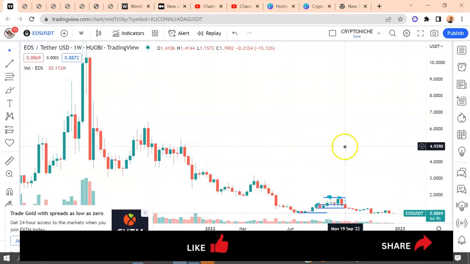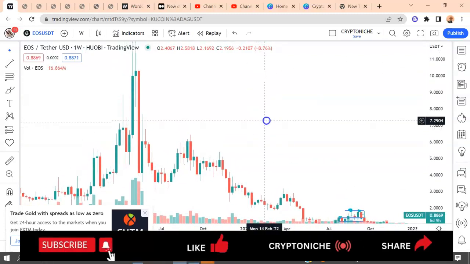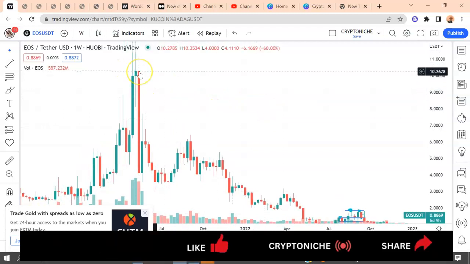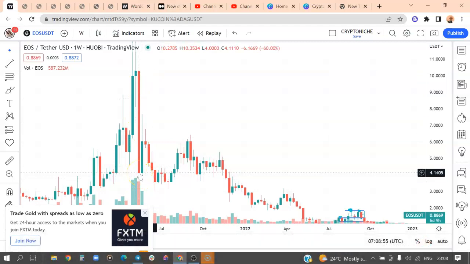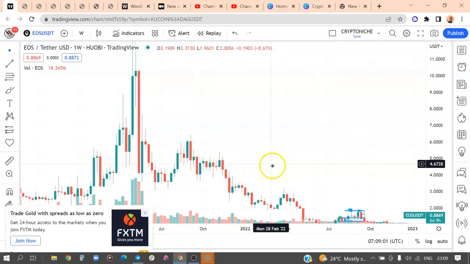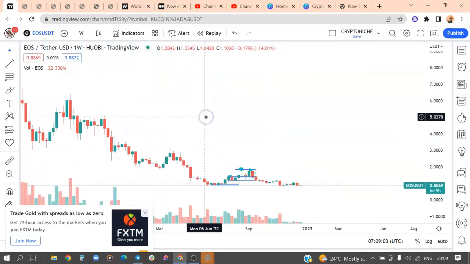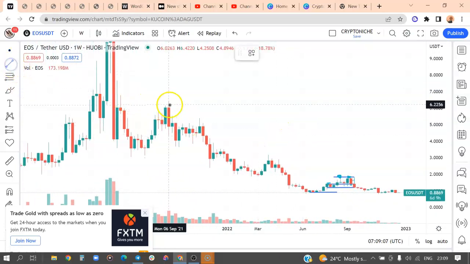On the macro level, EOS has been extremely bearish. Look at this candle. Within 1 week, EOS crashed all the way from $10 to $4. That's crazy. Within 1 week, that's a crazy price action and crazy volatility.